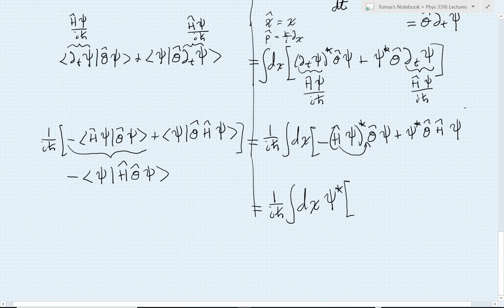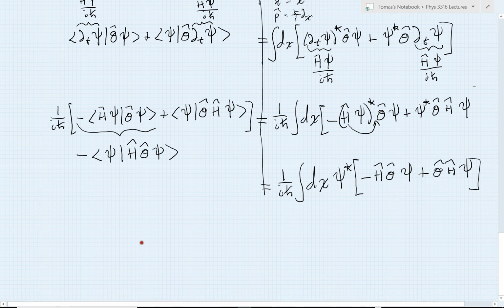What I'm left with then is my minus sign, so I'll have then minus HO psi, because my H moves just before the O, plus then, over here, I've factored out the psi star, I have OH psi. So the long and short of it is, now that I have just psi in my bra side, I can combine them into a single inner product.